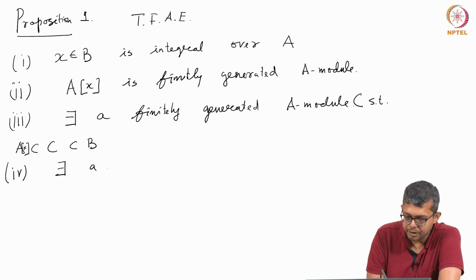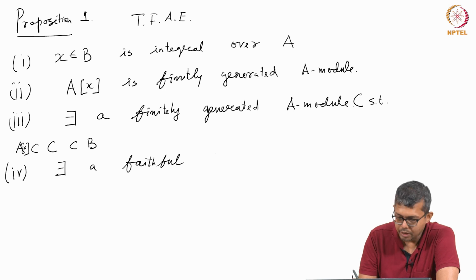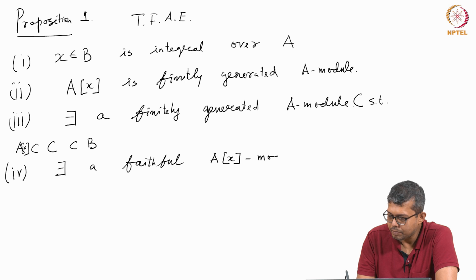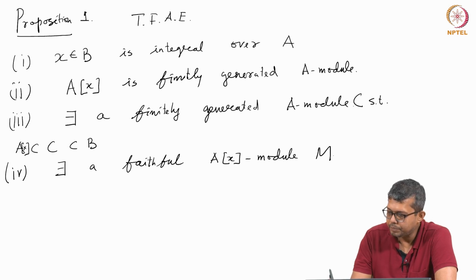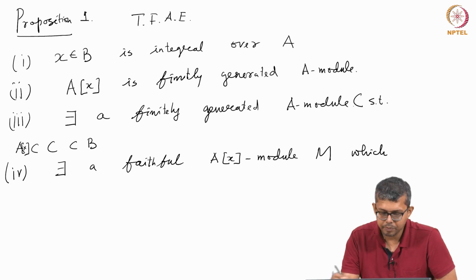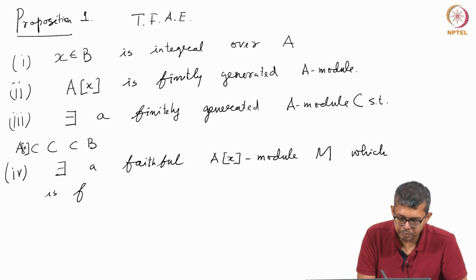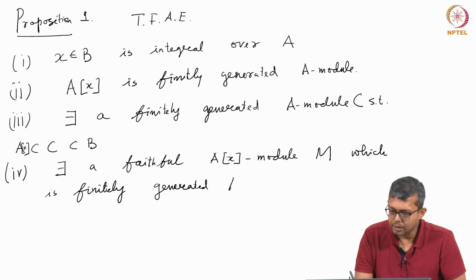Four, there exists a faithful A[x] module M which is a finitely generated A module.